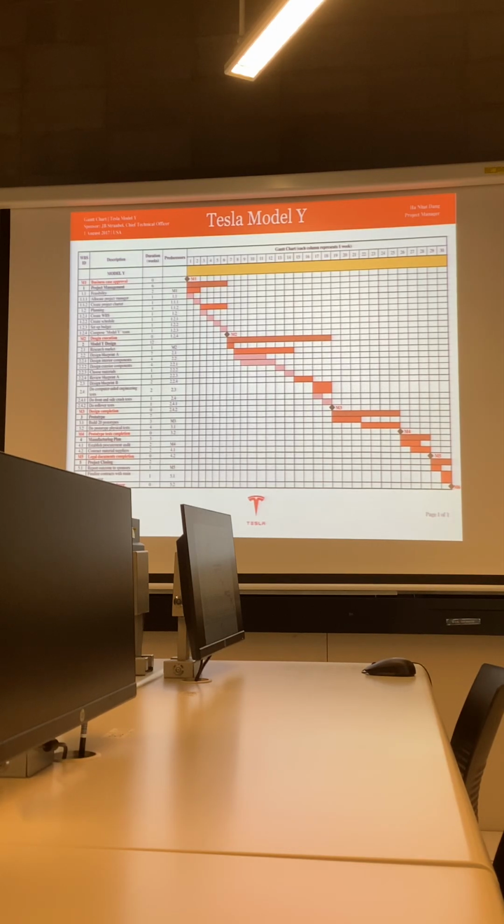Give me some example, the name of the project and the shortest duration. Okay, create project charter.